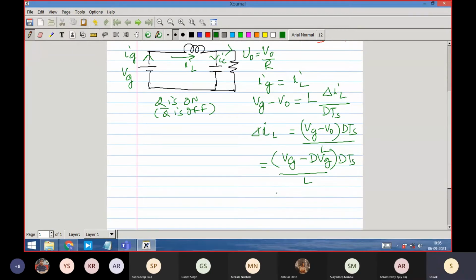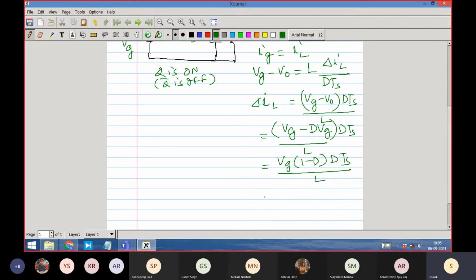So we can write it as Vg into 1 minus D into DTS by L. Now Vg into D, again you can combine these two things, so that is D Vg, which is nothing but V naught into 1 minus D TS by L.